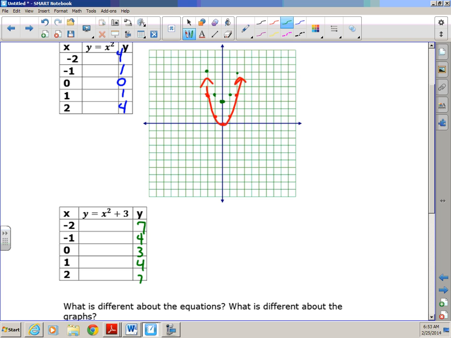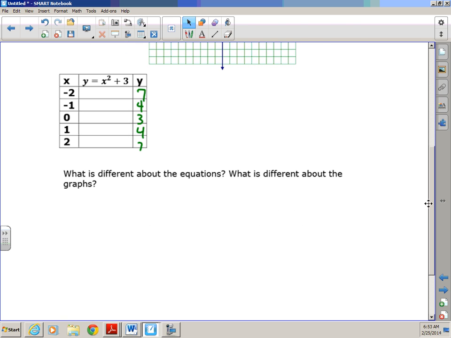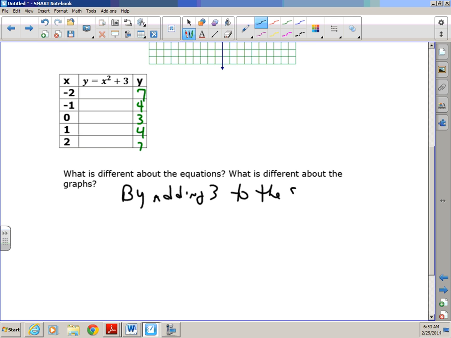And what has happened? The shape is the same shape, but by adding 3 to the second equation, the parabola translated 3 units up.